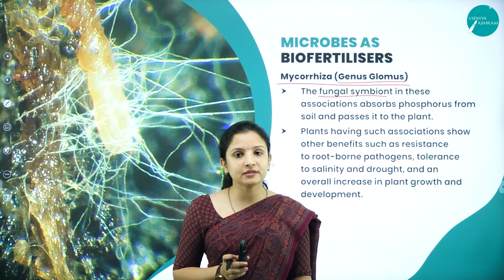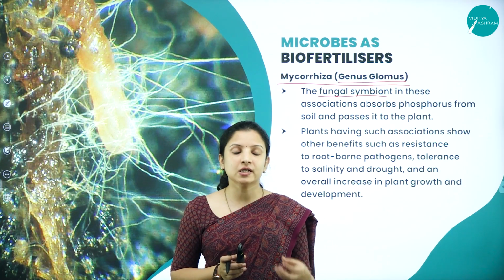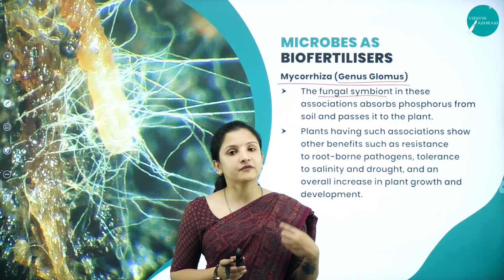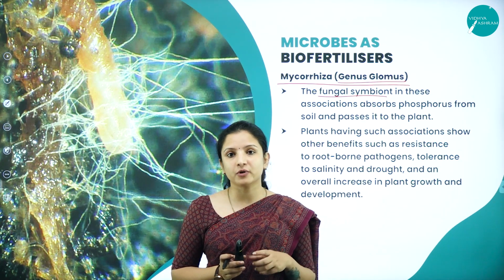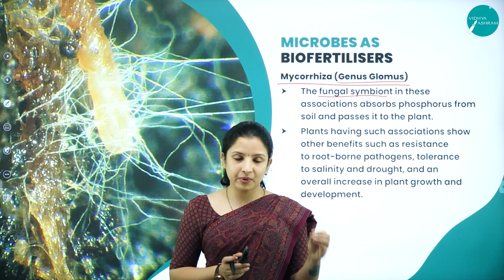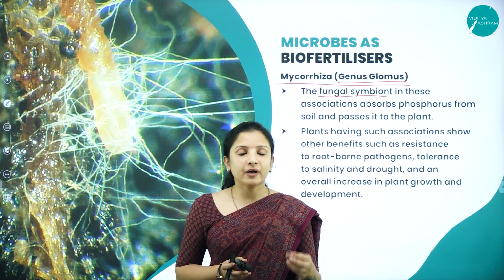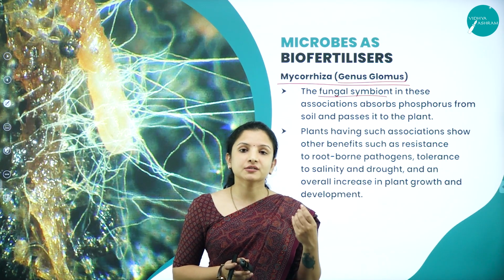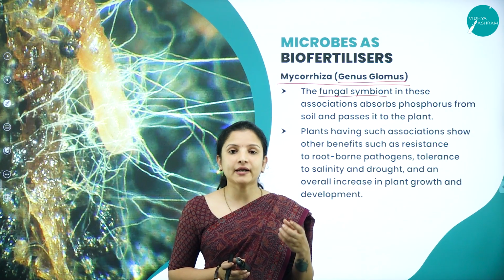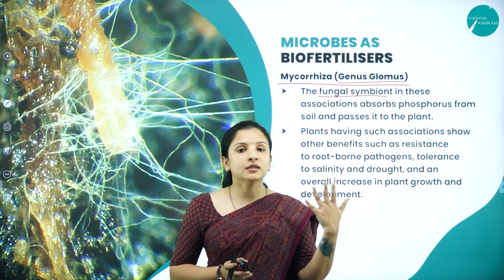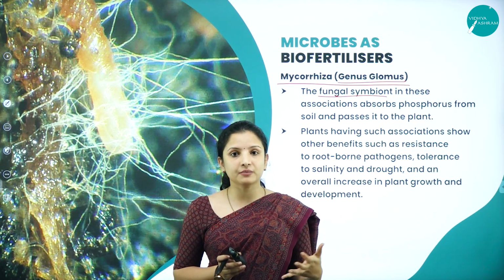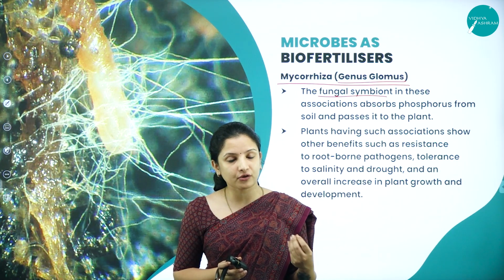So plants usually absorb phosphorus. Phosphorus is also one of the nutrients needed for the proper growth of the plant. But plants absorb phosphorus at a very slow rate. This phosphorus is very important for plant growth, and so plants have to absorb phosphorus quickly within a given time, right?